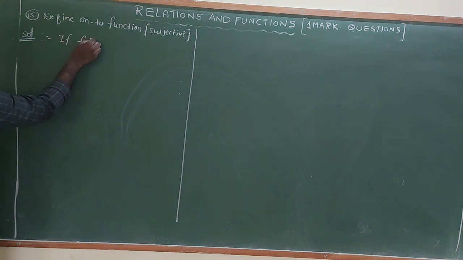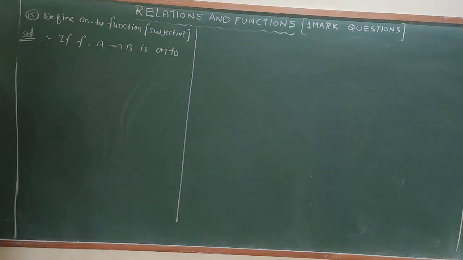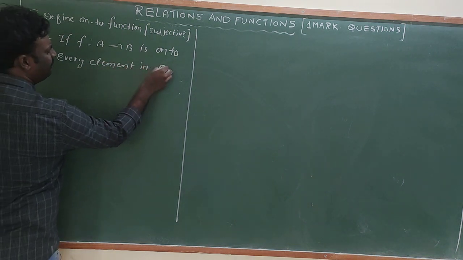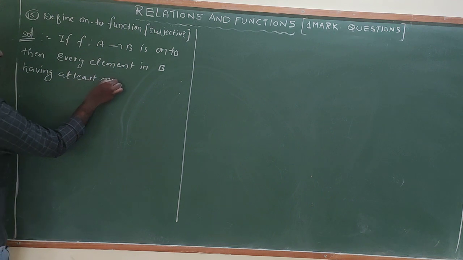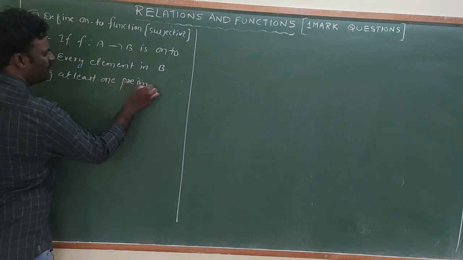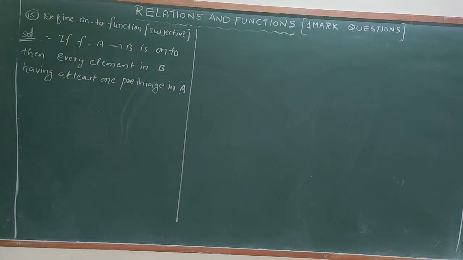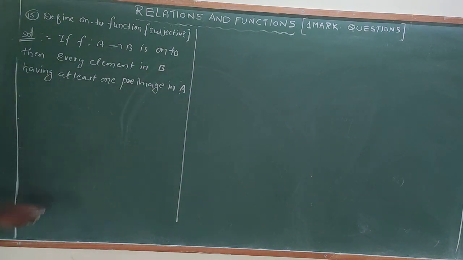If f from A to B is onto, then every element in set B has at least one pre-image in set A. That is called an onto function.